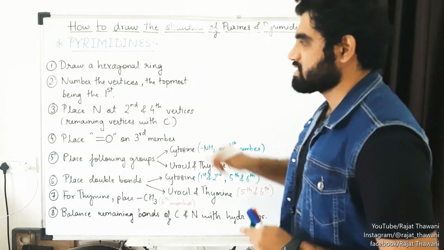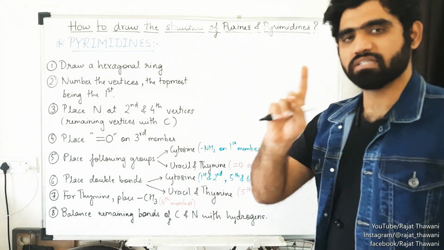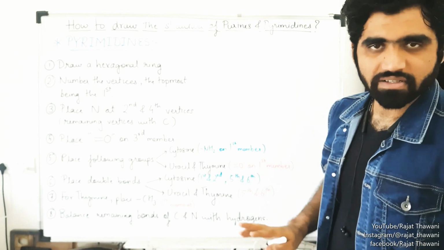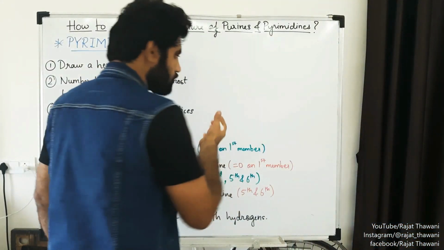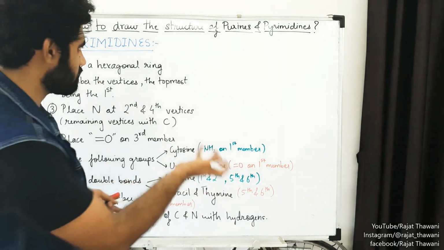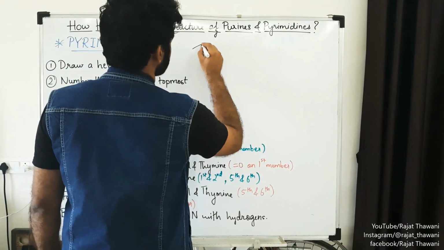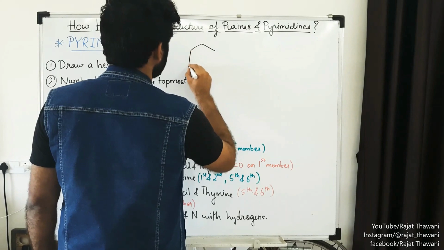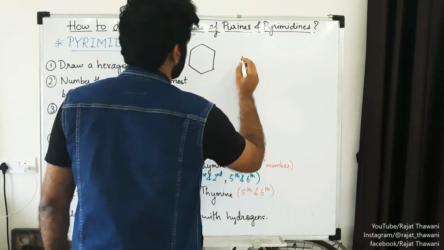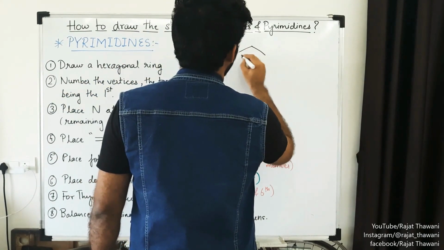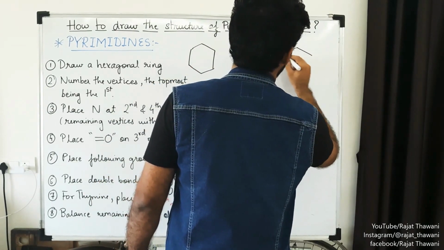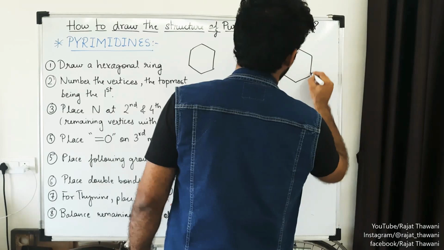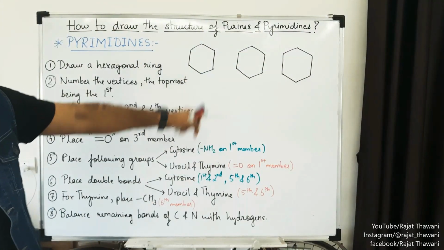Now we know pyrimidine is a single ring structure, so only one hexagonal ring is there. So the first point itself says draw a hexagonal ring. As I'm going to draw for all 3 of them, we will draw 3 structures. Okay, 3 hexagons.